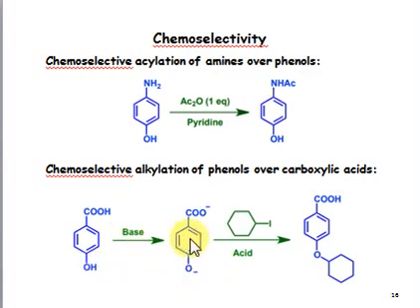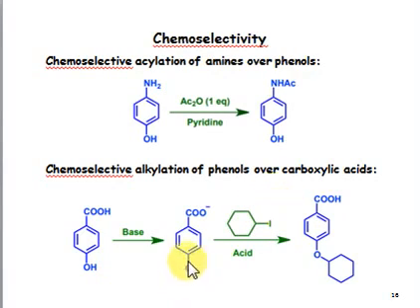So this base will pick up both protons, but since the phenoxide is more reactive, when you carry out the reaction with iodocyclohexane, this negative charge of the phenoxide will attack the carbon bearing iodine, and iodine will be displaced right here, right?